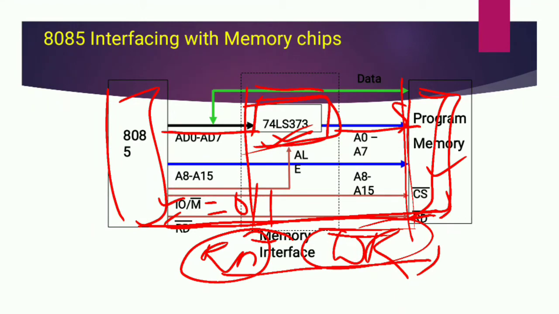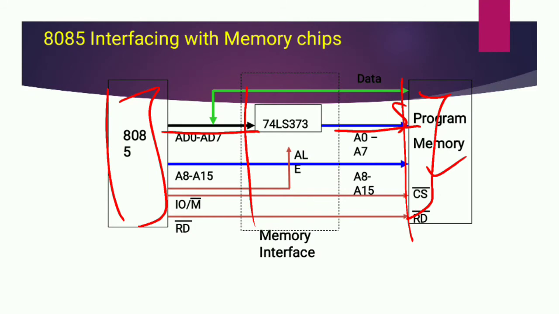Similarly, each memory chip has signals such as CS bar or CE bar, chip select or chip enable; OE or RD bar, output enable or read; and WE or WR bar, write enable.